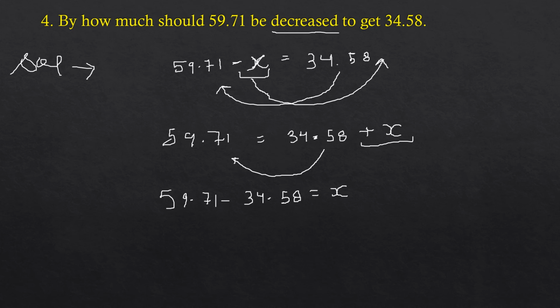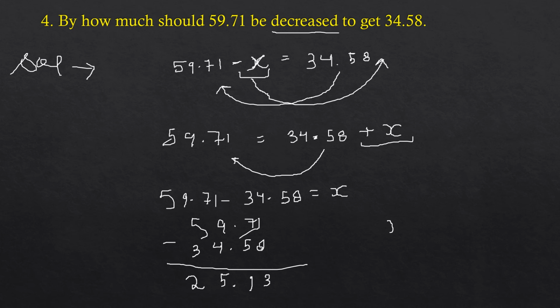Now we just have to subtract both numbers, 59.71 and 34.58. We will simply subtract them. So 8, 9, 10, 11, here we will have 3, 5, 6, 1, decimal point should be below this decimal point, 4, 5, 6, 7, 8, 9, here we will have 5, 3, 4, 5, we will get 2 here.